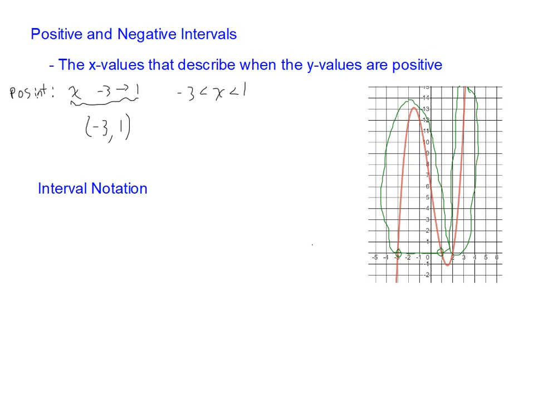The part that's confusing is that this looks like an ordered pair, but both of these are x values. This is the start of those x values, and this is the end of those x values. So this is interval notation. You should get comfortable with both types of notation.